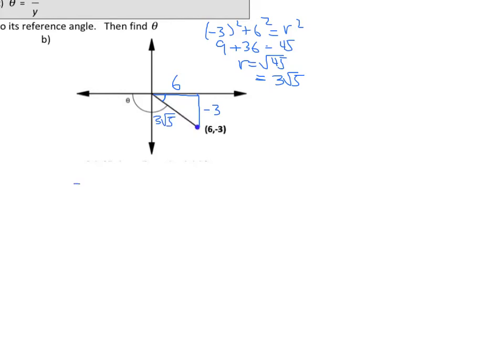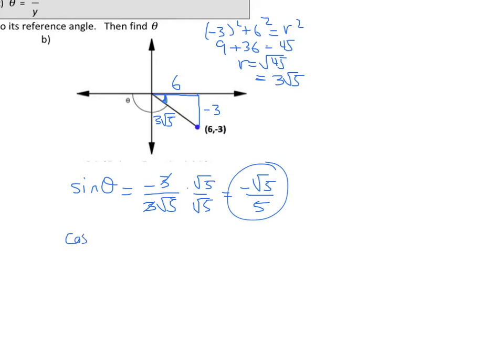And then for sine theta, from this reference angle, opposite over hypotenuse, or y over r, which is -3/3√5. But we want to simplify. We don't want to leave radicals in the denominator. The 3's cancel, and I multiply by radical 5 over radical 5, and we get -radical 5/5.